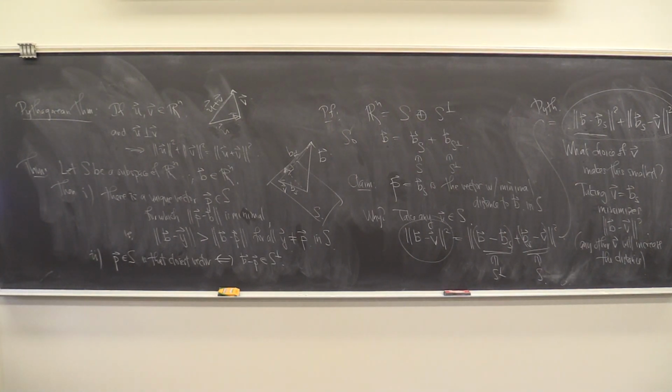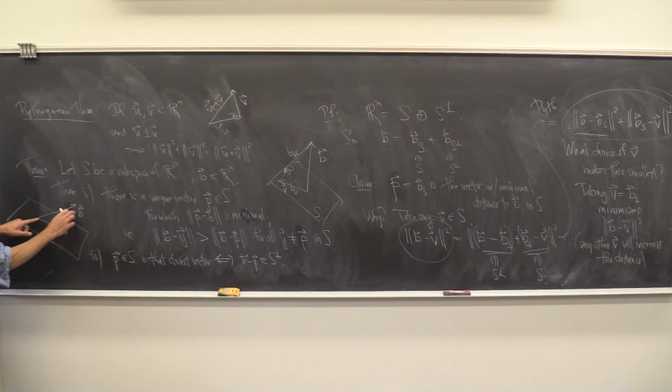Okay. So what we've just shown is that if you have a subspace and you have a vector, then there is in fact a nearest vector in that subspace. And further, that nearest vector is the thing that, when you subtract it off from B, gives you something perpendicular to the subspace.